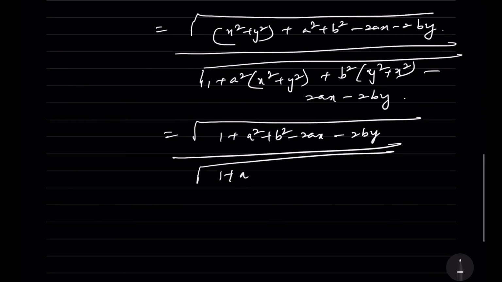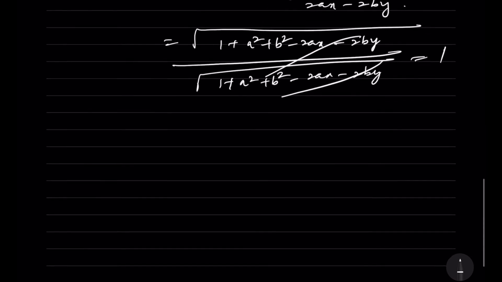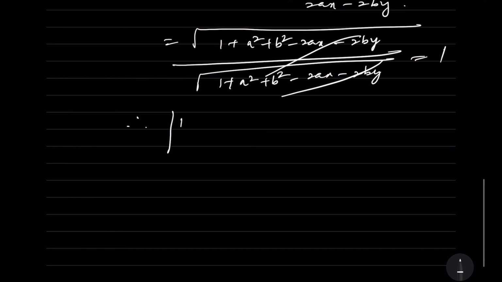So you are getting 1 plus a square plus b square minus 2ax minus 2by. If you are cancelling this out, it's equal to 1. So therefore mod of (beta minus alpha) divided by (1 minus alpha bar into beta) is equal to 1.